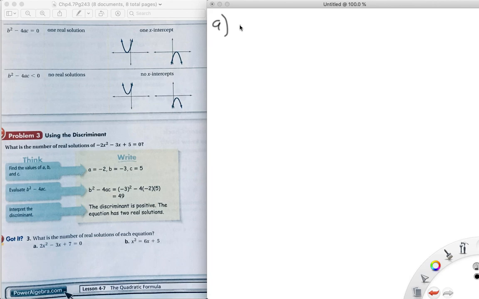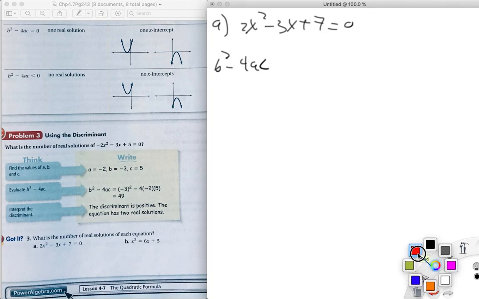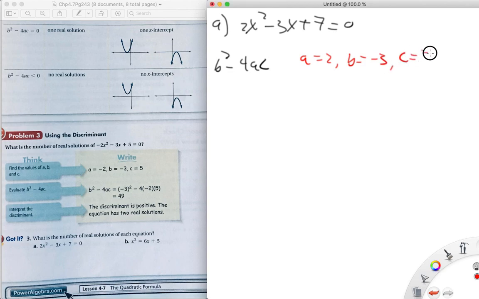The first one, I have 2x squared minus 3x plus 7 equals 0. So I'm using the discriminant equation, which is b squared minus 4ac. And remember that a is equal to 2 in this case, b is equal to -3, and c is equal to 7. So I'd plug those in.